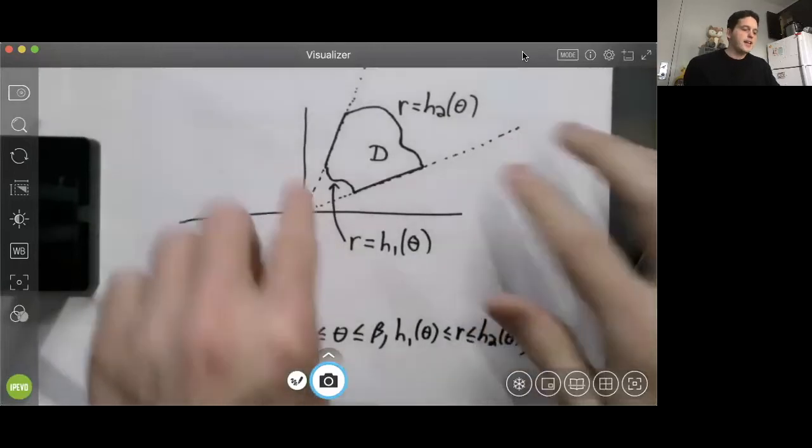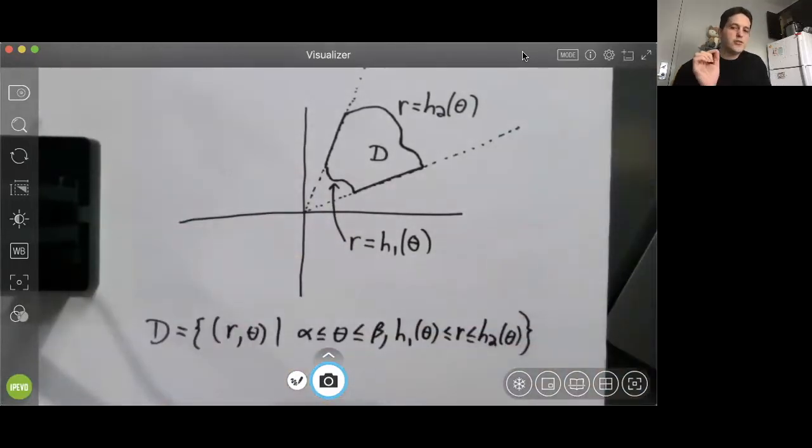And the trick, if you remember the trick that we used to integrate over a type 1 region, is that we just found a larger rectangle which contained our type 1 region, and we extended the function f that we're integrating to be 0, so that our function was now defined on the entire enclosing rectangle.